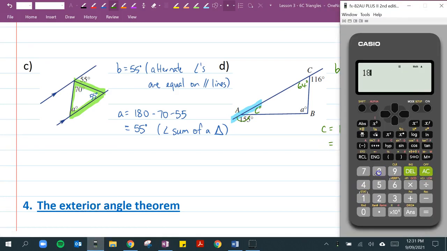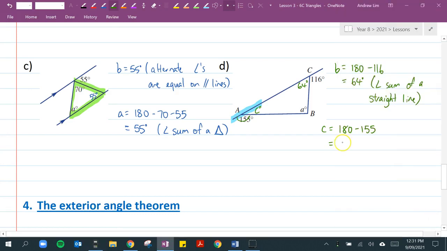So let's put it in the calculator. 180 minus 155 is 25 degrees. What's the reason? Same thing as before. Angle sum of a straight line. Alright, so we know that C is 25 degrees. So I'm going to replace C with 25 degrees.